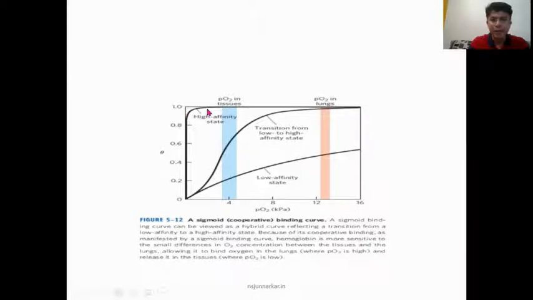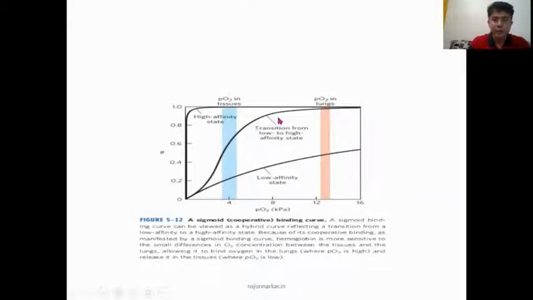myoglobin won't be able to serve this function of transporting oxygen from the lungs to the tissues because its affinity towards oxygen is very high, and even at a low level of oxygen the oxygen will remain tightly bound to myoglobin. Hemoglobin, however, can serve this purpose of transporting oxygen from the lungs and delivering it to the tissues, because when it transits from low to high affinity state, it can still bind oxygen in the lungs and then release the oxygen in the tissues.